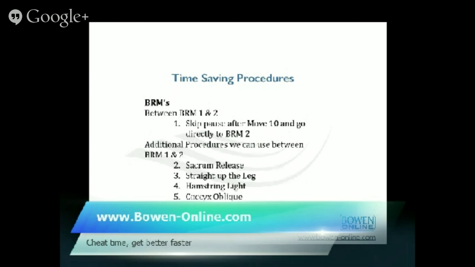So it's a kind of backwards version of BRM2, and I'll show those in a moment. And then Coxix oblique is a superior challenge and release of the lower margin of the glutes. So let's look at these.